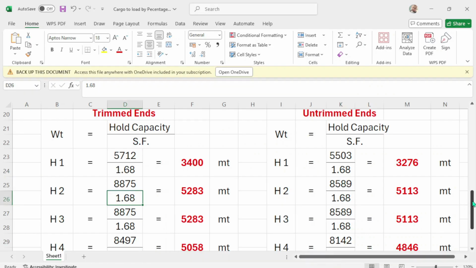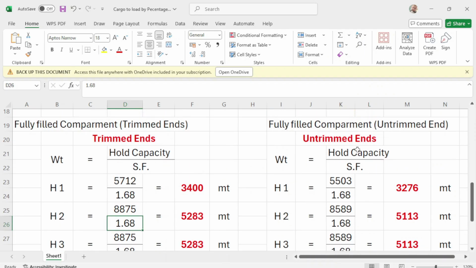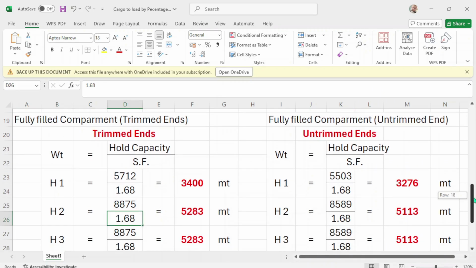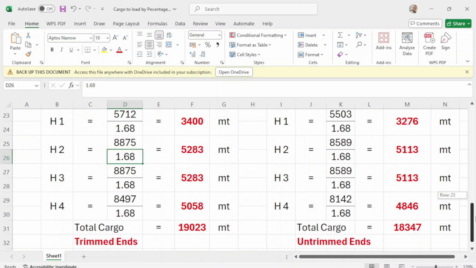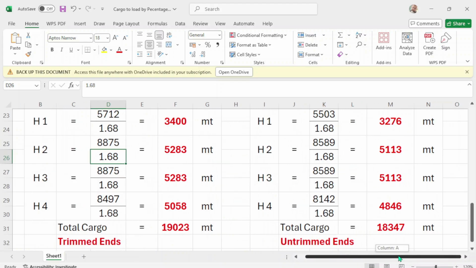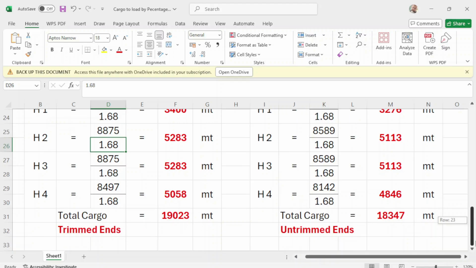So look at the difference. This is the untrimmed, and what will be the total cargo of untrimmed? Untrimmed will be 18,347, which is less than your trim vessel. So what is the difference? Okay, check it out.